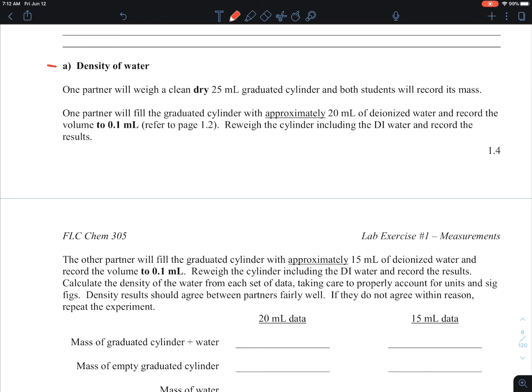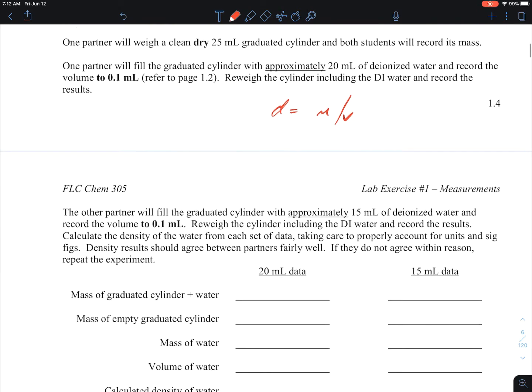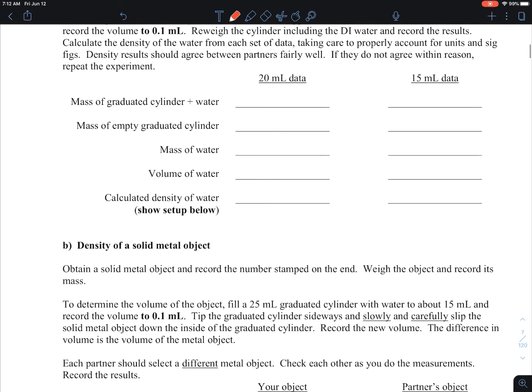It kind of gives you the instructions on how she's going to get volume in the graduated cylinder, getting the volume, getting the mass, and then taking into account, again, density equals mass over volume, and then you can calculate the density. So watch out for the mass measurements and the volume measurements of water in order to calculate the density of water.